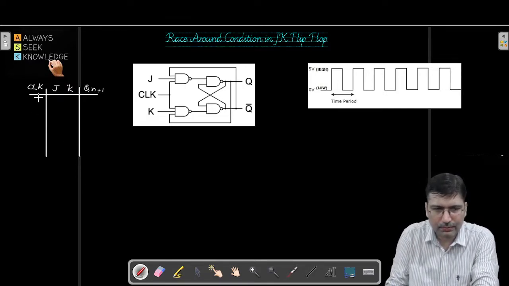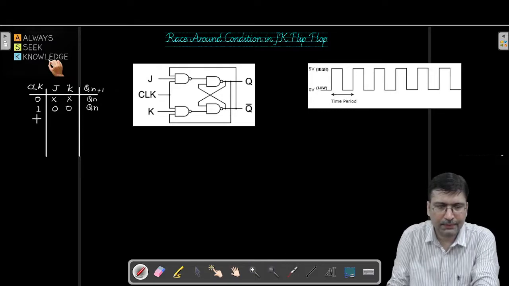So when the clock is 0, the values of J and K become don't care, and we get the previous state. Now in case the clock is high, having value 1, and J and K both have value 0, then it will act as a memory element and we will get the previous state.